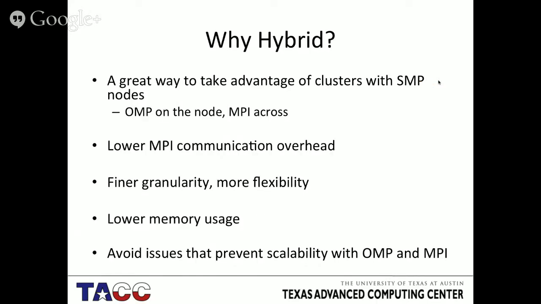And even though these are all good reasons to use hybrid, hybrid is not always the answer. Very often, if you're running on a scale that is not very large, say 128 cores, 256 cores, you probably have no need to use a hybrid model.